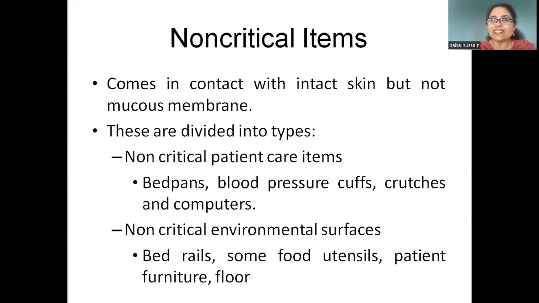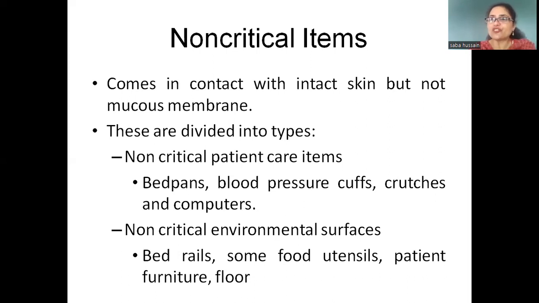One is non-critical patient care items, like bed pans and blood pressure cuffs we use on different patients, and they can be cleaned by low level disinfectants. The other is non-critical environmental surfaces.